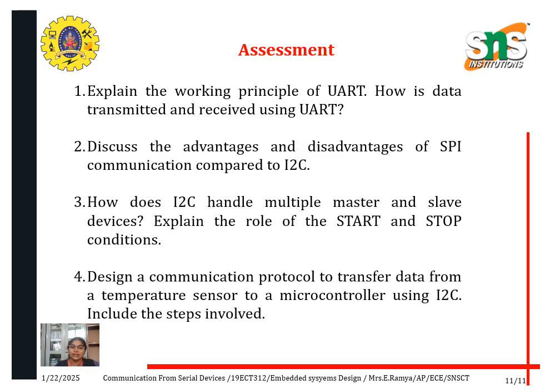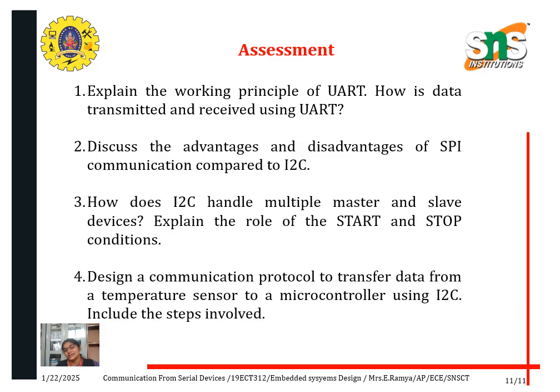How does I2C handle multiple master and slave devices? Explain the role of start and stop conditions. Then design a communication protocol to transfer data from a temperature sensor to a monitor using I2C, including the steps involved. The fourth question is a case study question for you.